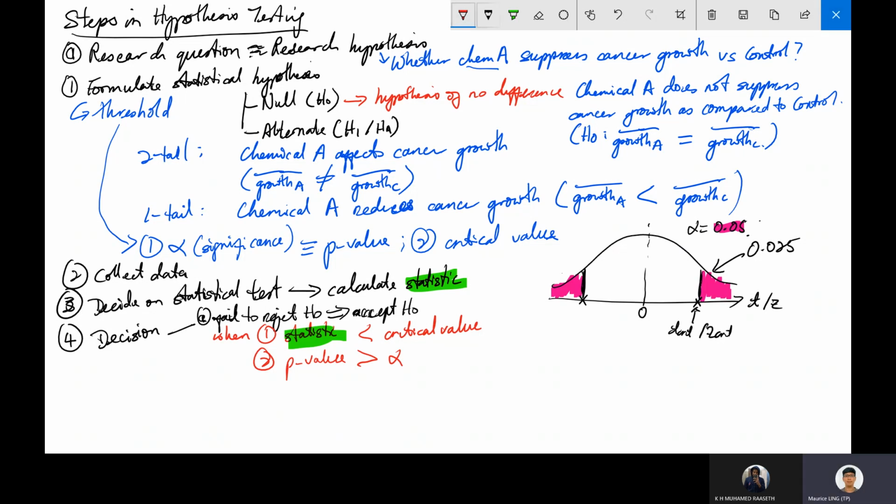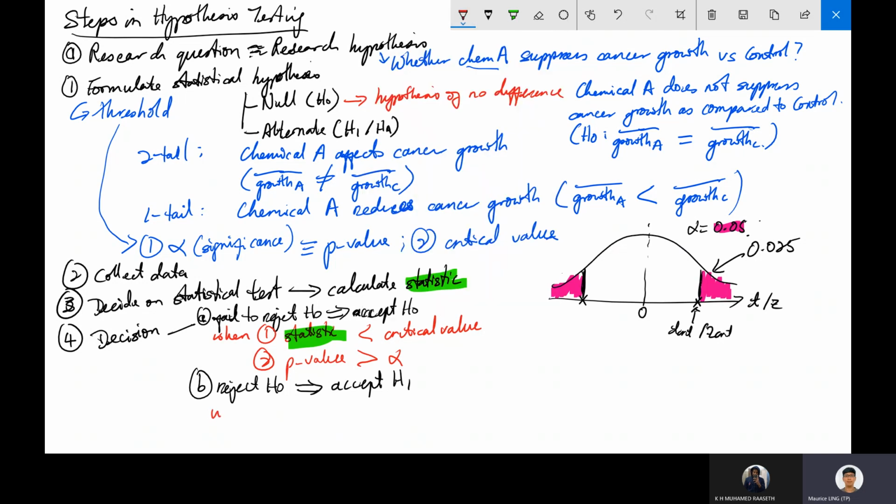In order for you to accept the alternate hypothesis, you have to reject the null hypothesis. By rejecting the null hypothesis, you automatically accept the alternate hypothesis. How do you do that?